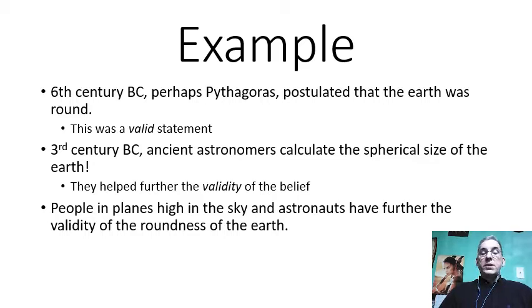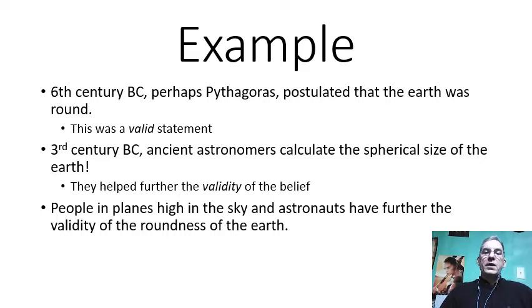By the 3rd century BC, about 300 years later, we had a lot of Greek philosophers and mathematicians who had proven, within fair accuracy given their day, the size of the Earth and therefore its relative curvature. And so they further validated that. In fact, you and I can validate this as well.